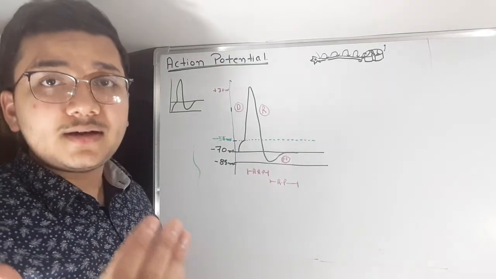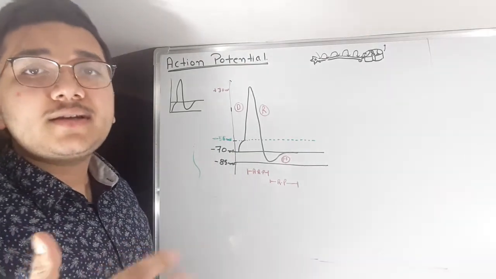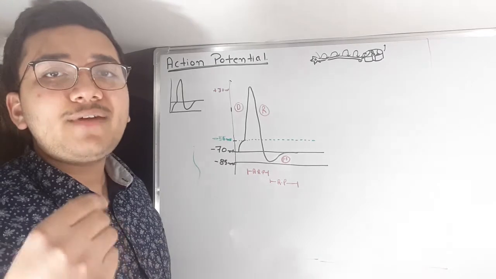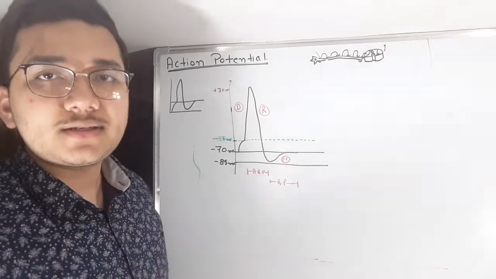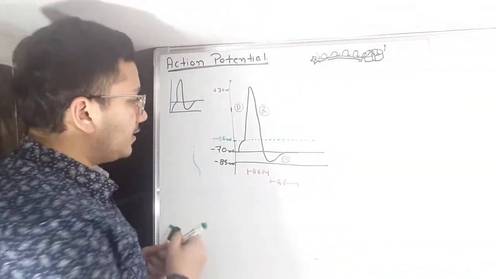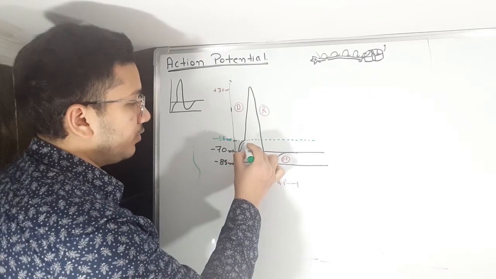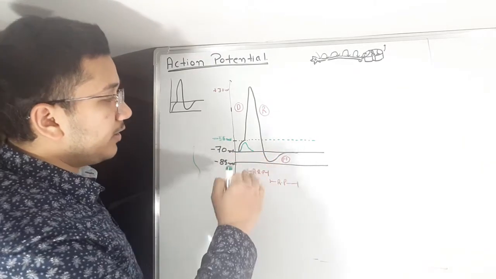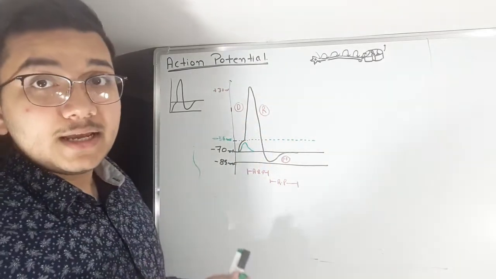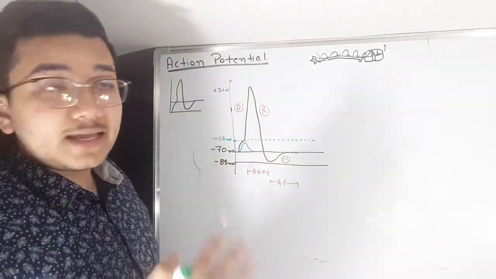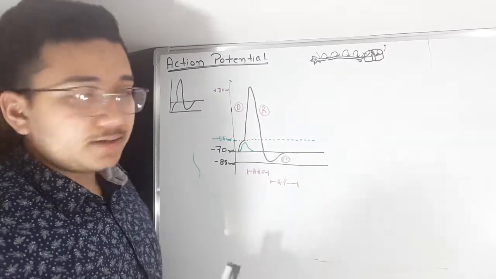But sometimes the threshold potential cannot be reached. For example, if the stimulus is very small and not strong enough, it cannot reach the threshold. If it cannot reach the threshold, then the action potential cannot occur.